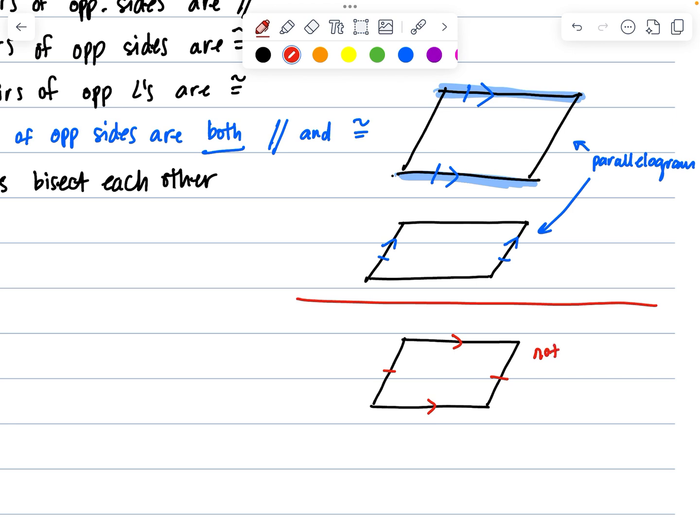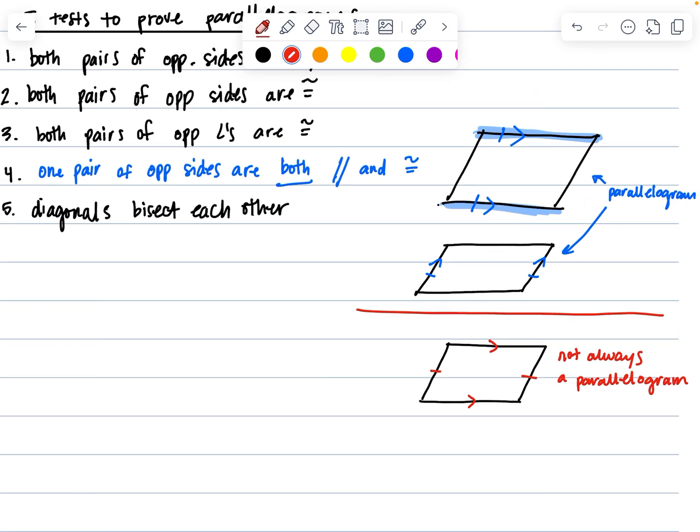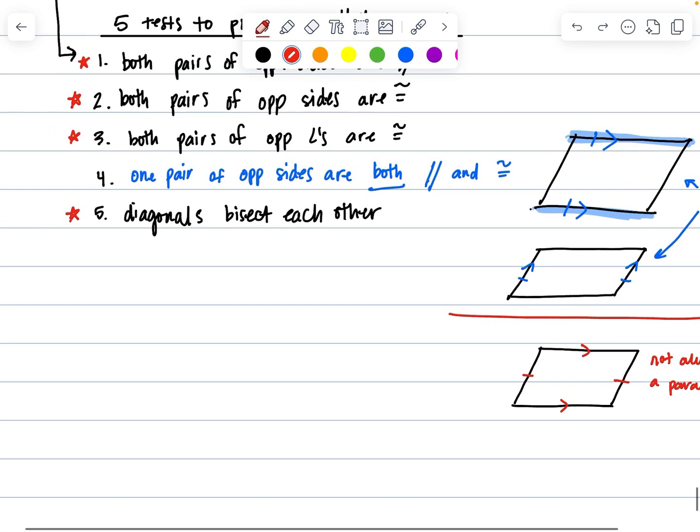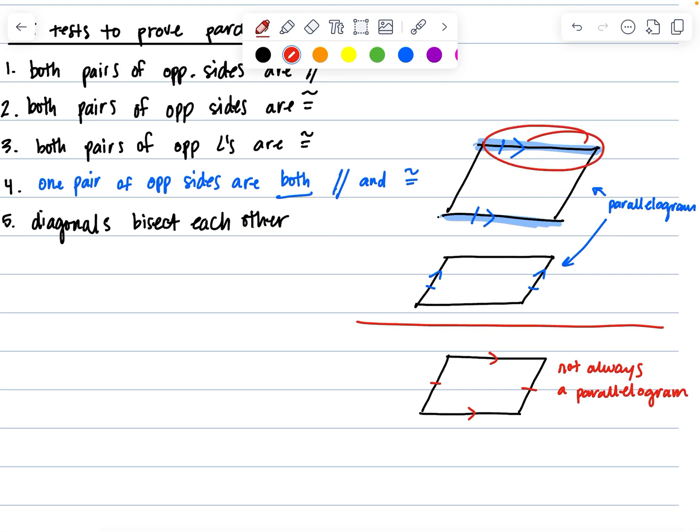So this is not always a parallelogram. You're going to find out later that this could technically be a trapezoid. So we cannot definitively say for this particular case. So be mindful of that. It has to be the exact same side pair. Okay, opposite. That's why it says one pair of opposite sides that are both parallel and congruent.